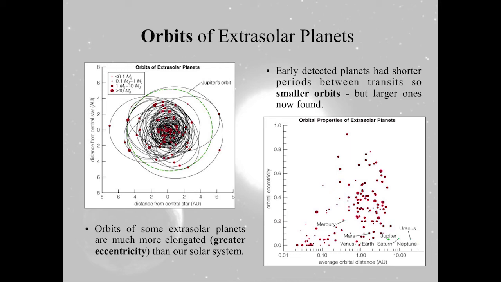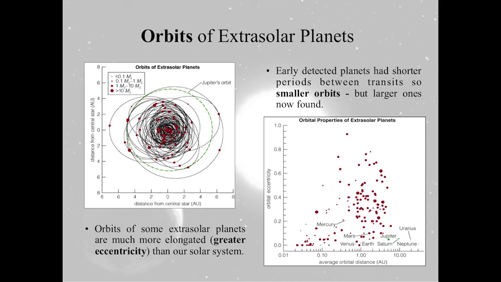Okay? One other surprise, though, in this right-hand graph was that many planets turned out to have very elongated orbits, very eccentric orbits. Now, in our solar system, it's true the planets move in elliptical orbits, but they're almost circular. And yet we started to find planets, as you notice here, with greater eccentricity to their orbits.